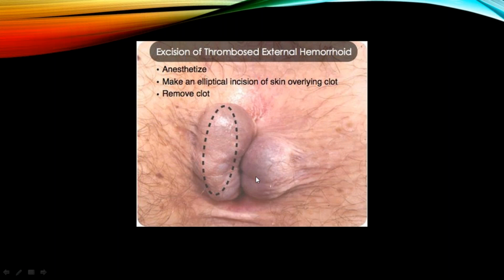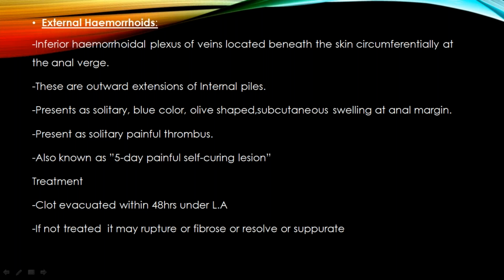That is the main differentiation between internal and external hemorrhoids. So usually it will be solitary. You can see a bluish color olive shaped swelling situated below the skin, in the subcutaneous tissue, and it presents as a solitary painful thrombus.